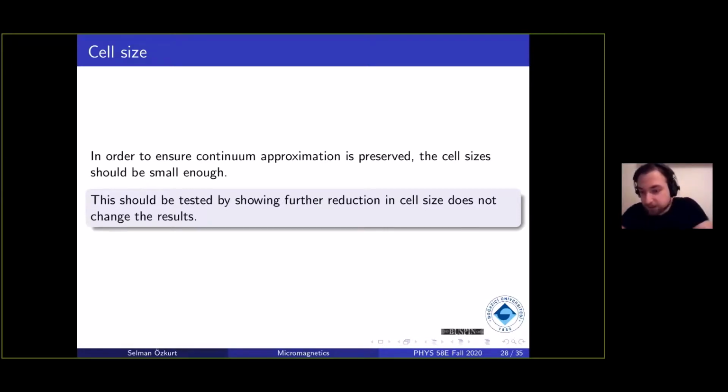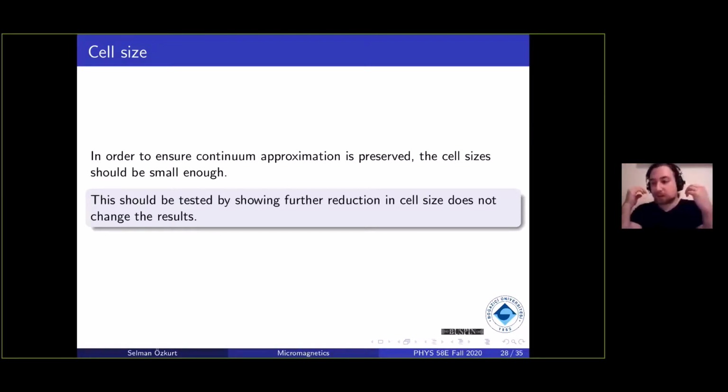Otherwise, our finite difference derivations will not work correctly and yield results that will not be physically reproducible. And the way to test this is, of course, by showing that further reduction in the cell size doesn't change the results.